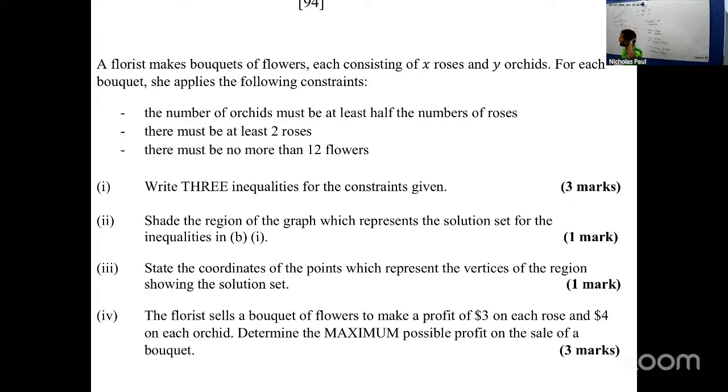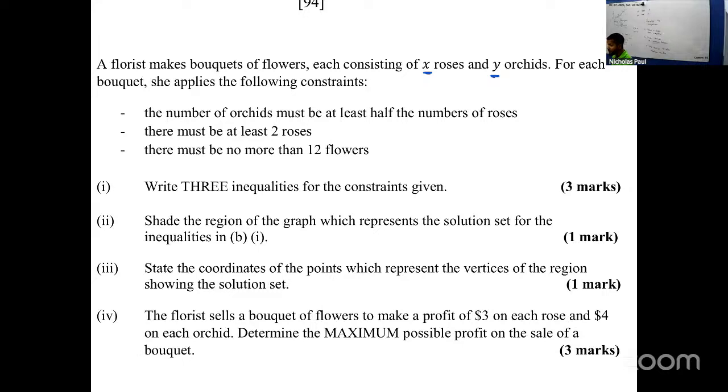Right. So here we have a florist, and the florist makes bouquets of flowers, each consisting of roses. And I want you to notice that the roses carry an X and orchids carrying the Y. You okay with that?